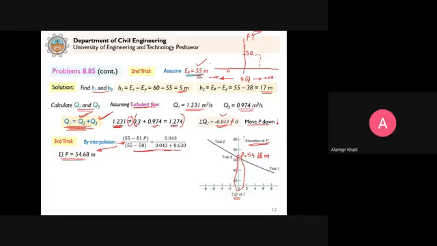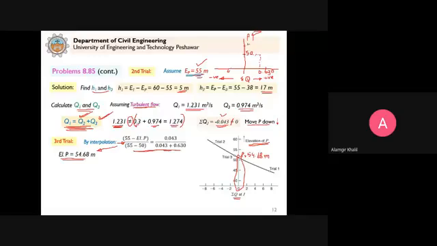So for 50 that we assume in the first, we get plus 0.630. Clear? Plus. And then we move to 55.